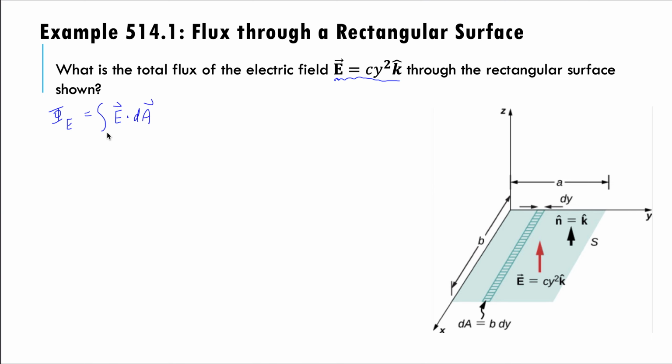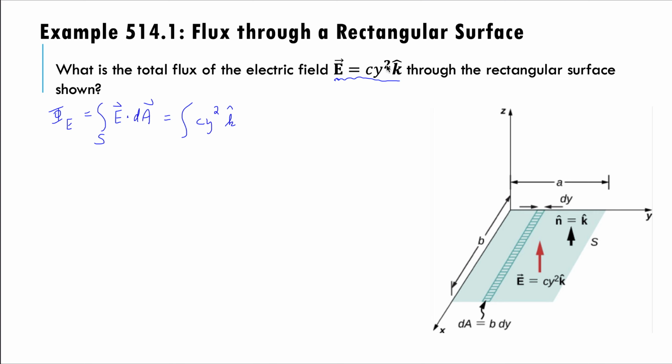So how do we use this equation? Well, first of all, the electric field is given to us, so we can just plug that in: C y squared in the k direction, the z direction. What about dA?